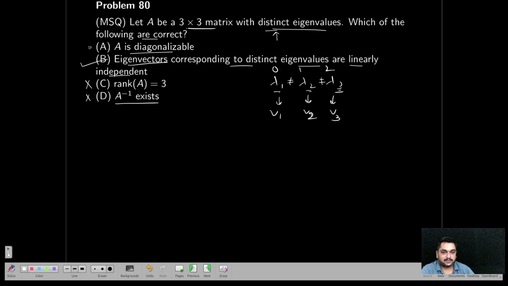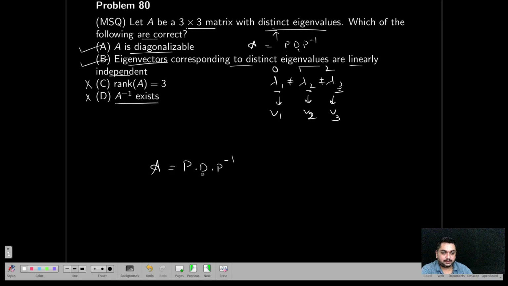A is diagonalizable. So if you have distinct, linearly independent vectors, then A is definitely diagonalizable. That is the meaning. It all depends on how many linearly independent vectors you form. Okay. So diagonalization means this has to hold: A is equal to P D P inverse. D is a diagonal matrix, you write it here. P into D into P inverse.